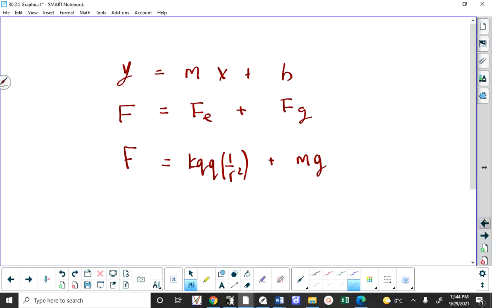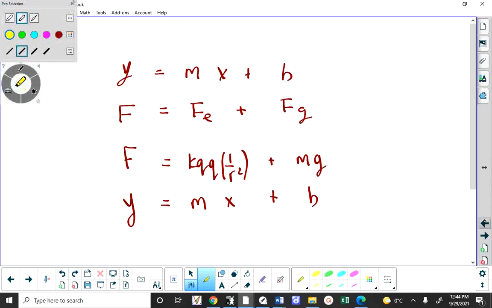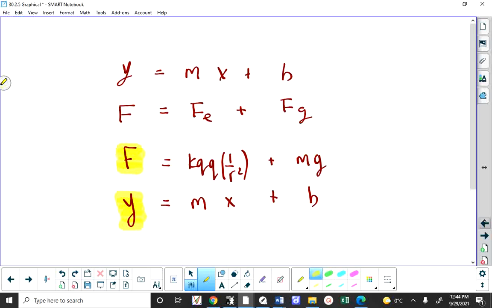So when you compare, I'll just rewrite the equation: y equals m times x plus b. The comparison is made in the following way. The force that's being measured is y.